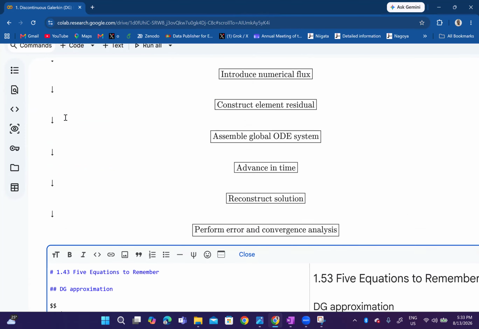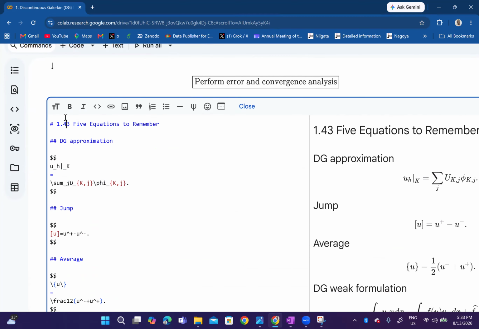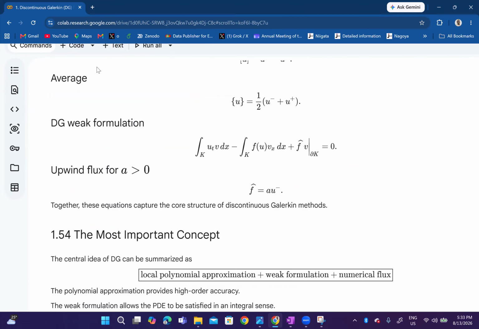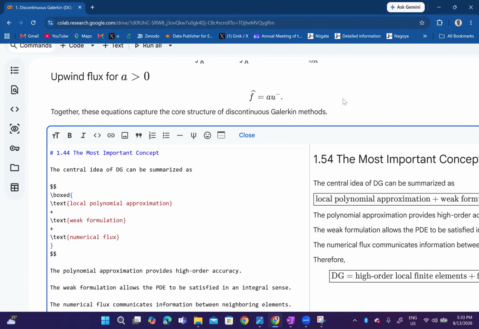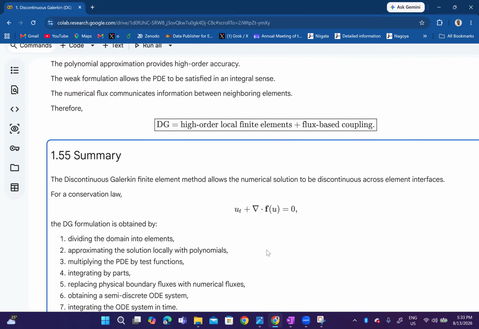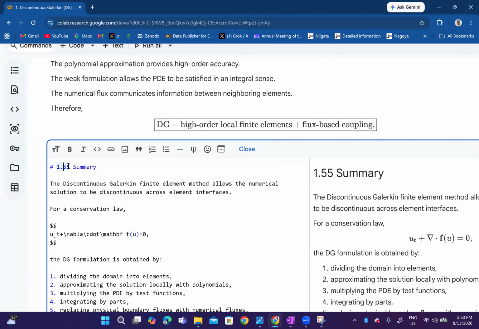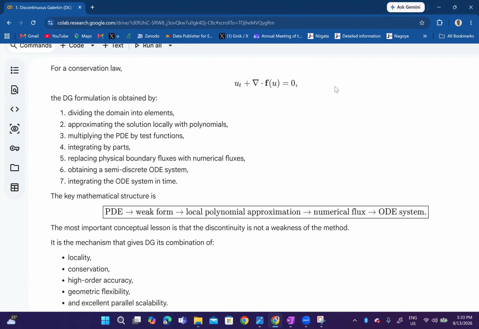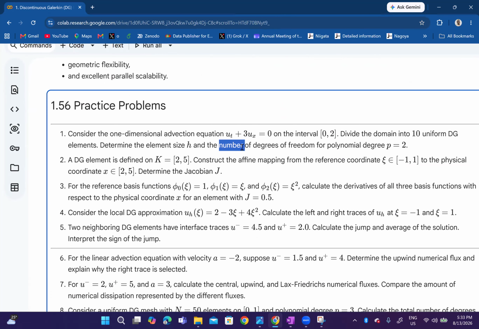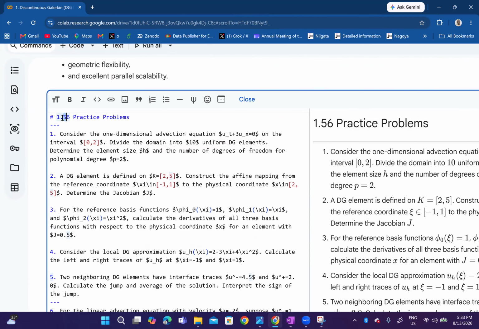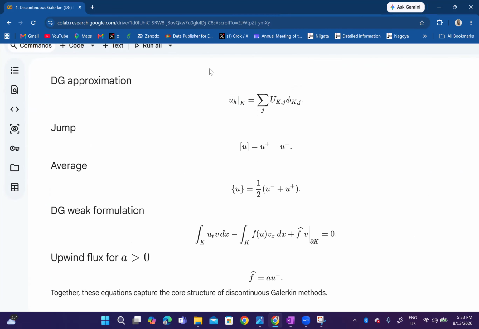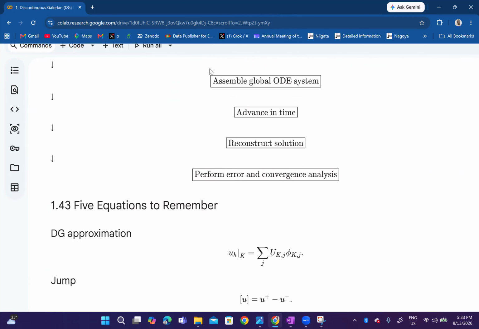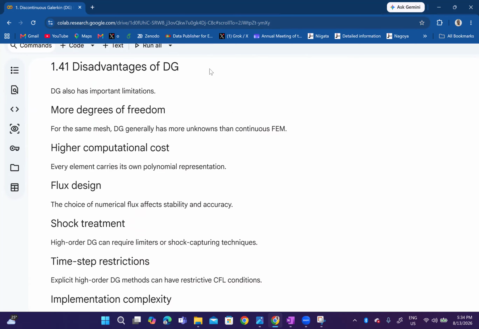So for the five equations now, this is 1.44, then 1.45, then 1.46. Okay, so quick. So we've seen five equations to remember.